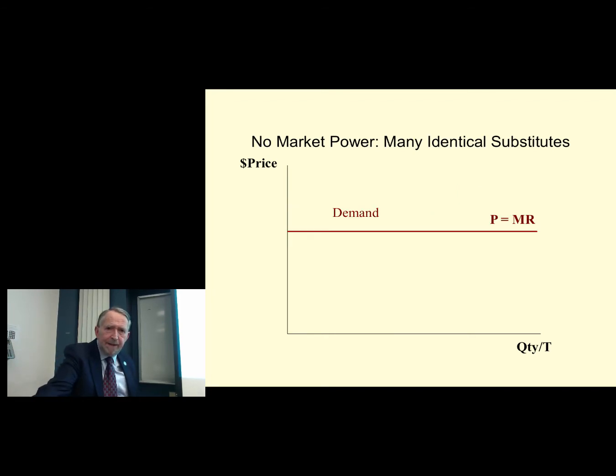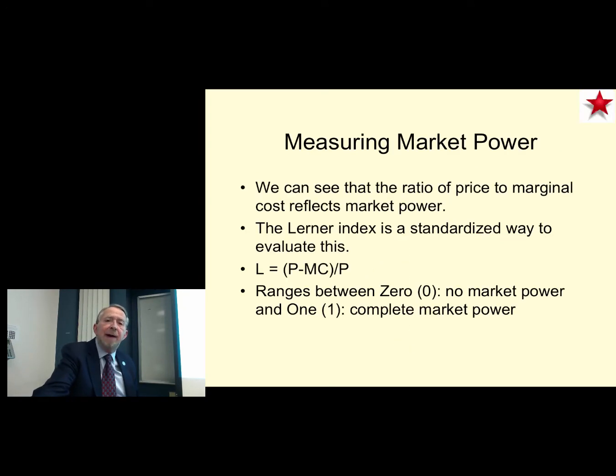And then finally, we got to the price taker model we talked about before. That firm has no market power at all. Price is the same as marginal cost in that case. The calculation we make to actually measure market power is called the Lerner index. It's the ratio of price minus marginal cost, which means you're looking at the markup, divided by price.